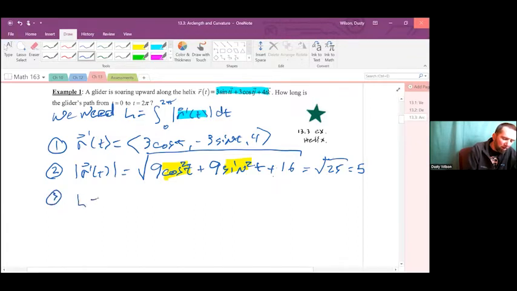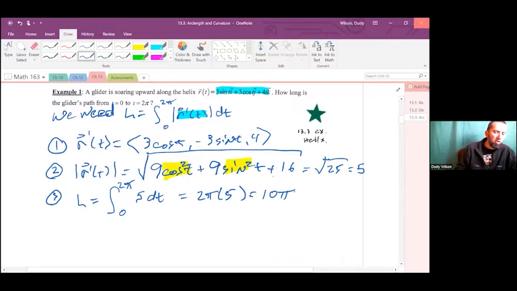L is going to equal the integral from 0 to 2π of 5 dt, which will be 2π times 5, or 10π. So the length of the glider's path from t = 0 to t = 2π is 10π.